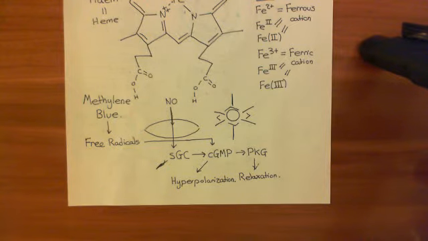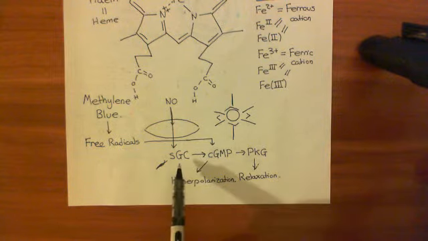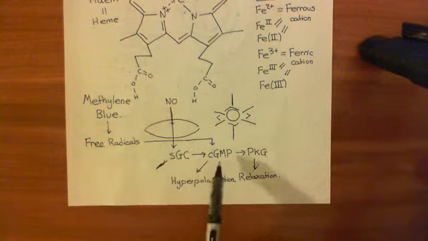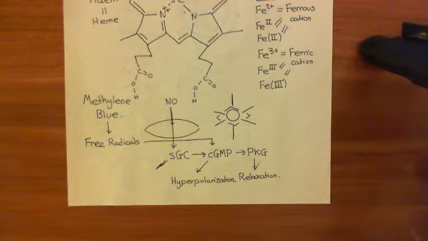So if we apply methylene blue, then we can stimulate the endothelial cell with the acetylcholine or the carbachol. The endothelial cell will produce nitric oxide, it will go through to the vascular smooth muscle cell, it will act on the soluble guanylate cyclase, but now in the presence of methylene blue, you won't get any increase in cyclic GMP.